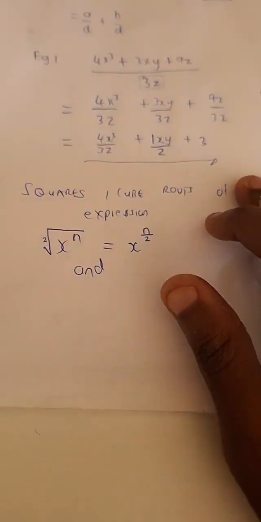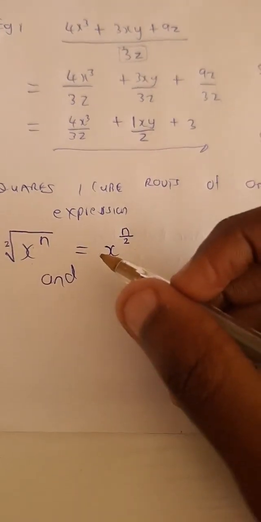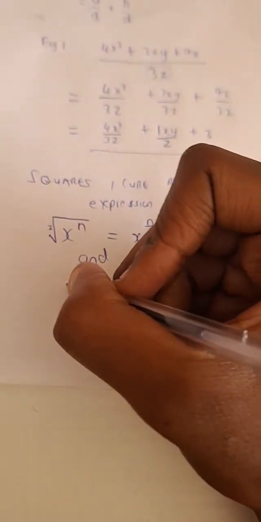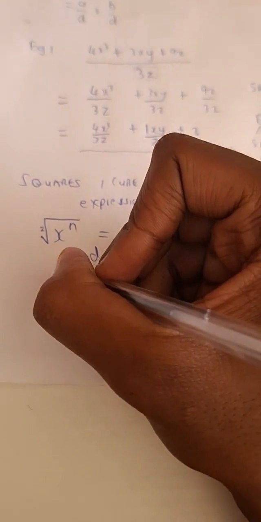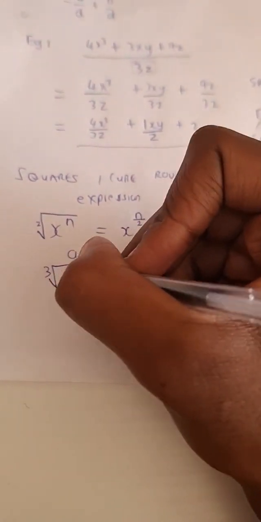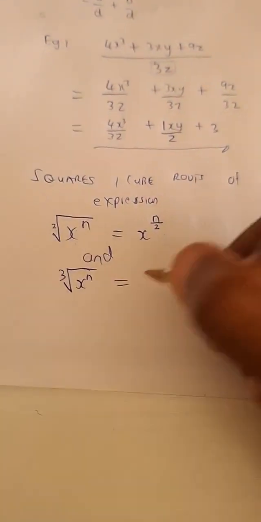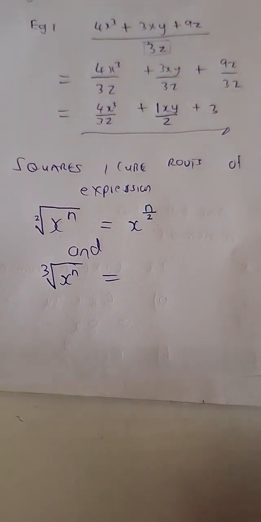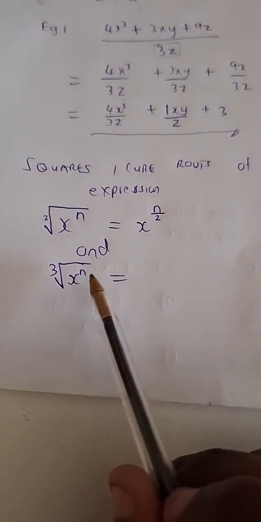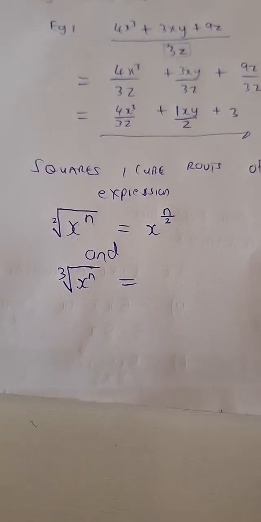And this is also true: the cube root of x to the power n. Anyone dare lead me along and tell me what would be the cube root of x to the power n?